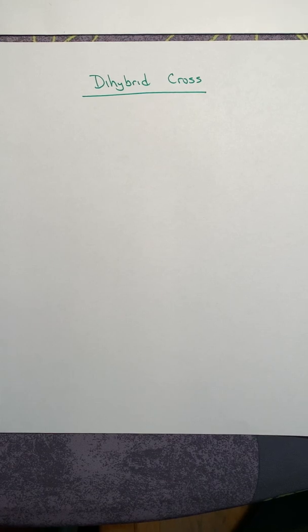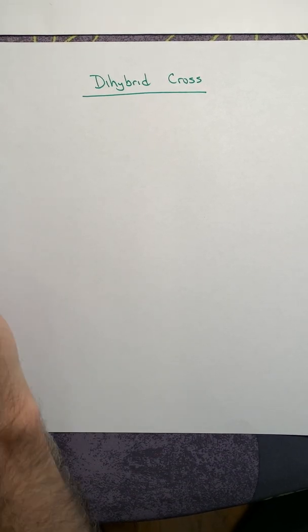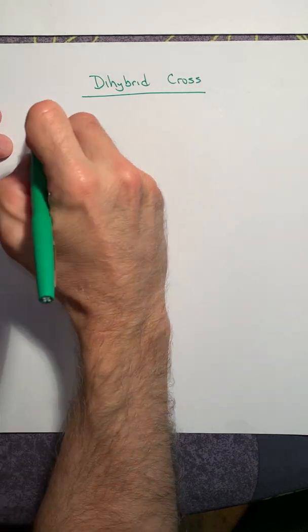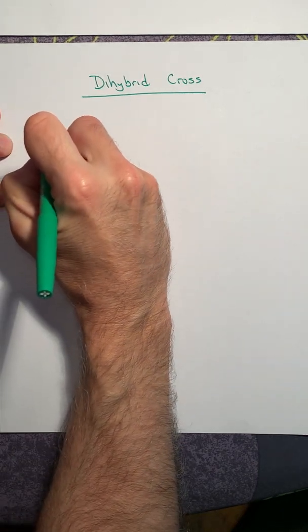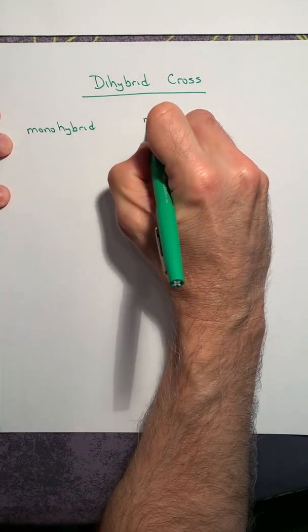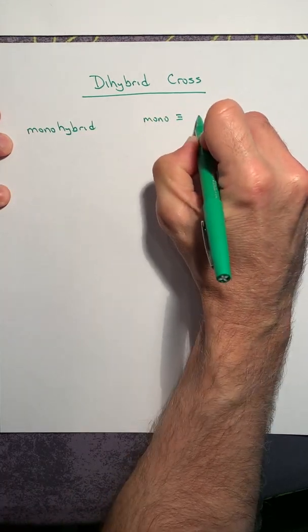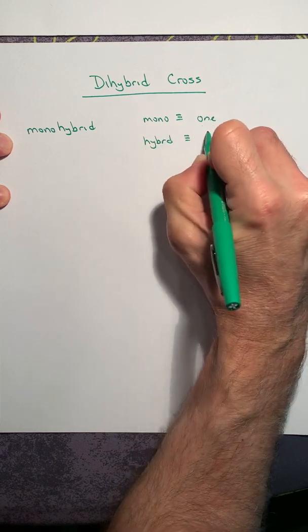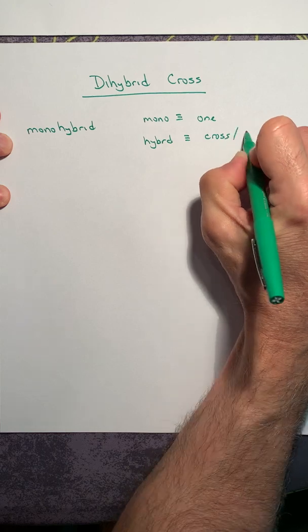Hello everyone. We need to start our fourth set of genetics problems, the dihybrid cross. Now what we've been doing up to this point is called a monohybrid. Mono, of course, meaning one, and hybrid meaning a cross or a mating.